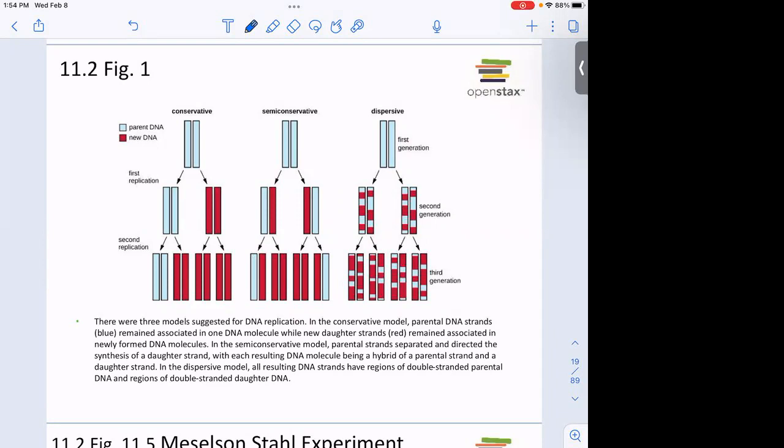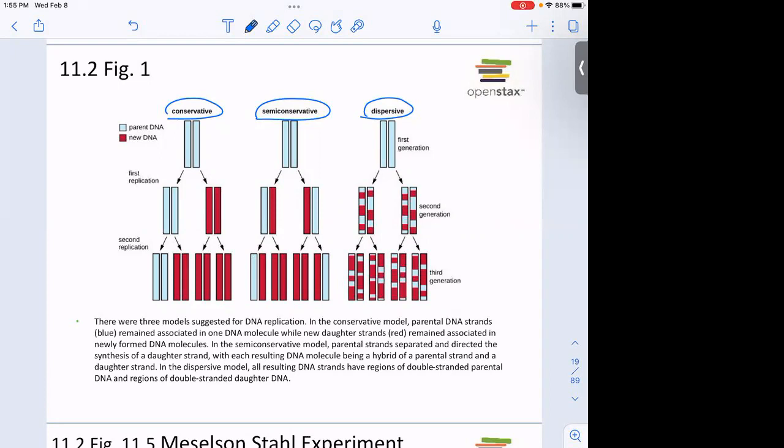So after that 1953 paper of Watson and Crick, there were 3 theories as to how DNA was replicated. Those 3 theories were the conservative method, the semi-conservative method, or the dispersive method. Okay, so with the conservative method, that was the theory that the original DNA was conserved.